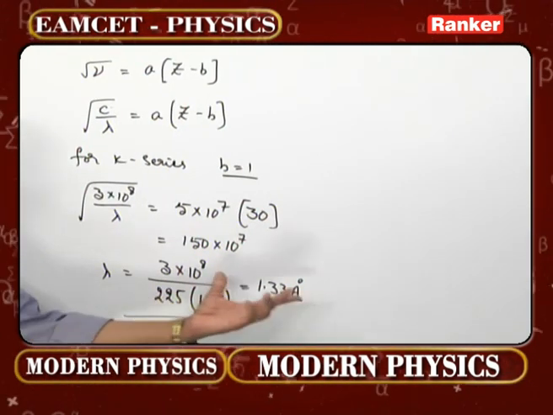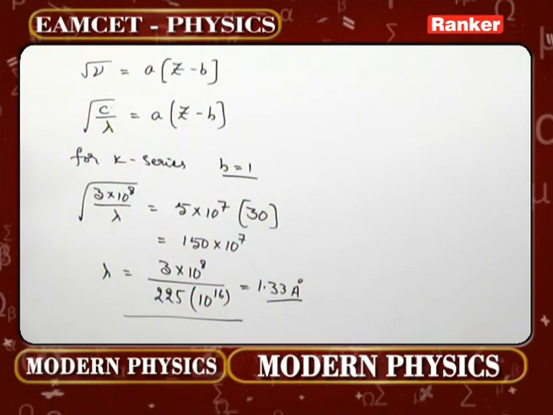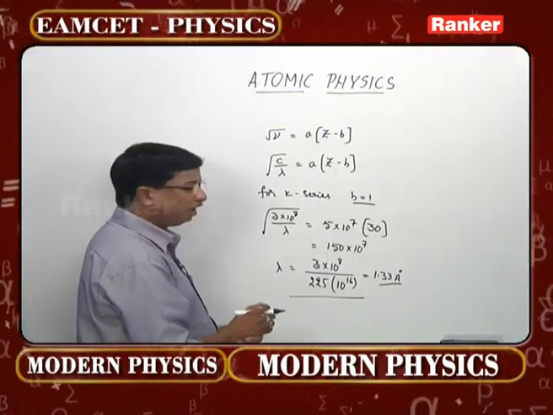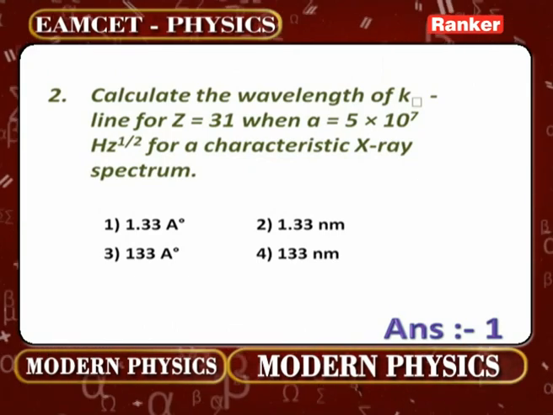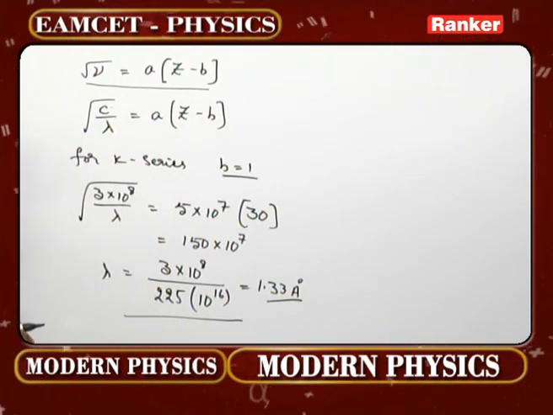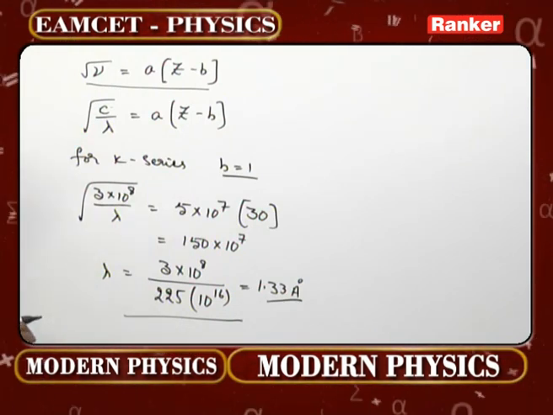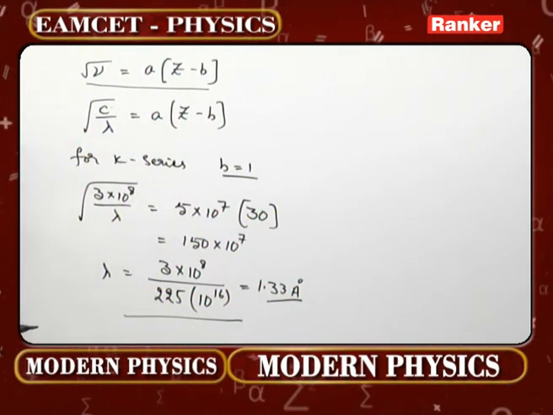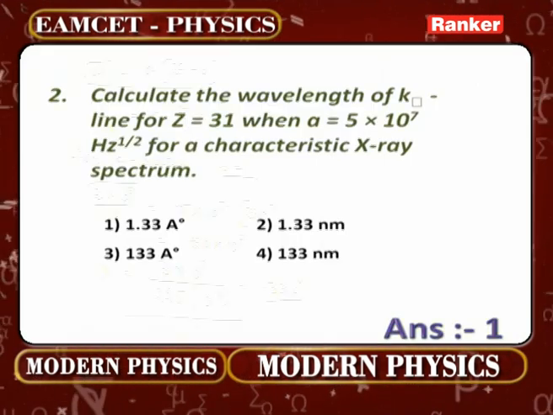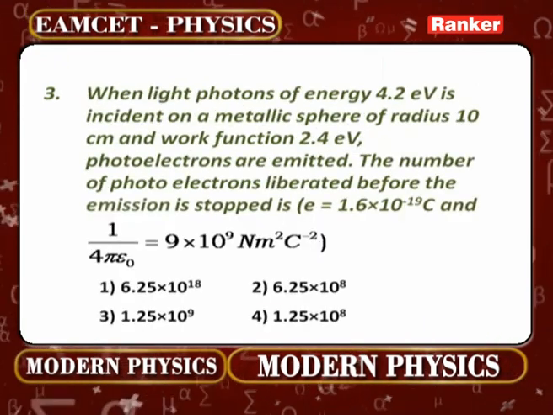Therefore, this simplified value will now come to be 1.33 angstroms. So the first option is going to be correct as far as this question is concerned. But remember this equation as Moseley's equation, which is also equally important in this chapter called atomic physics, under the X-rays part. Look at the next one, that is question number 3.